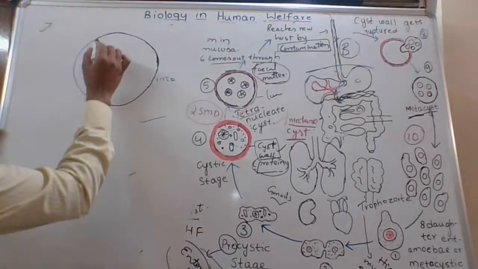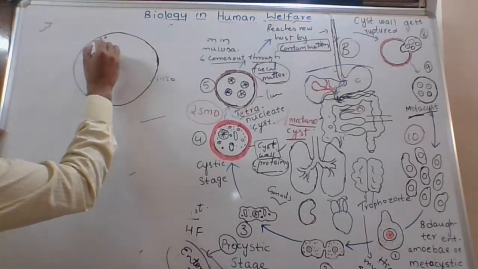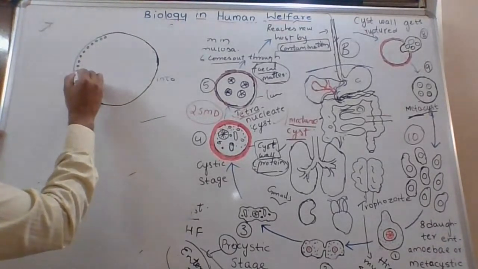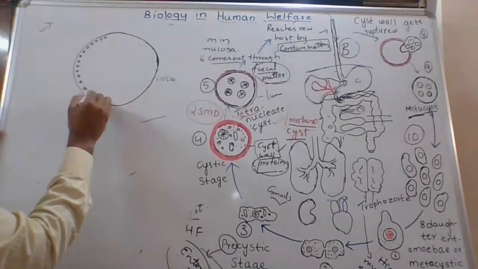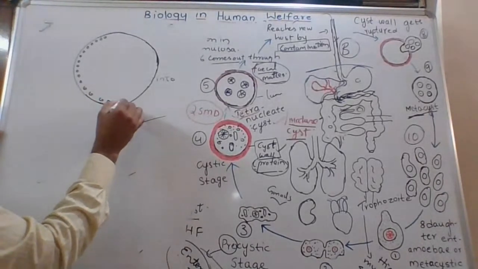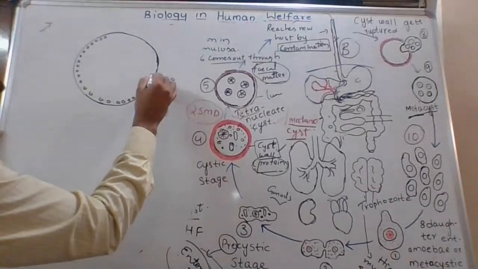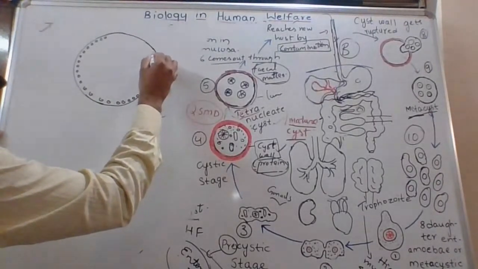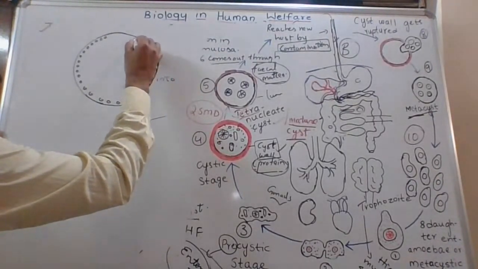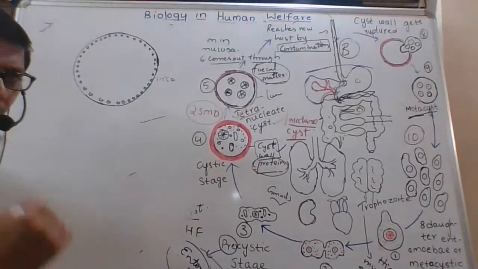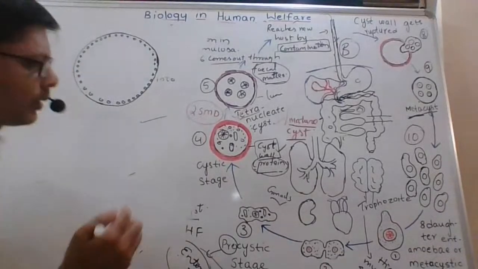Below this layer there are longitudinal muscles. These longitudinal smooth muscles are arranged lengthwise, in a straight line.